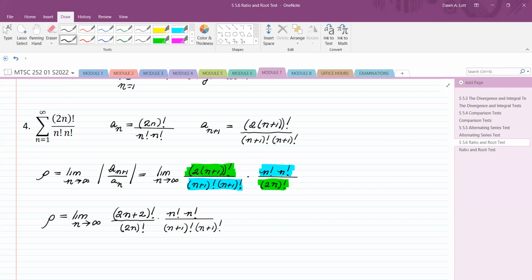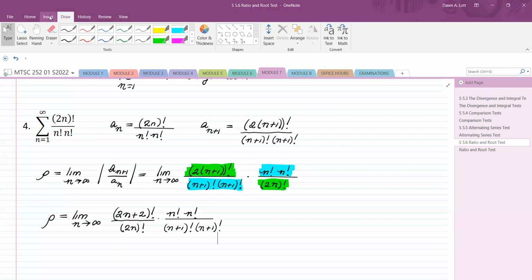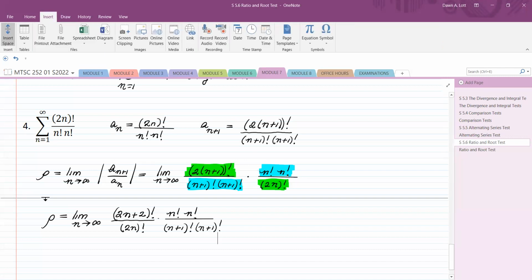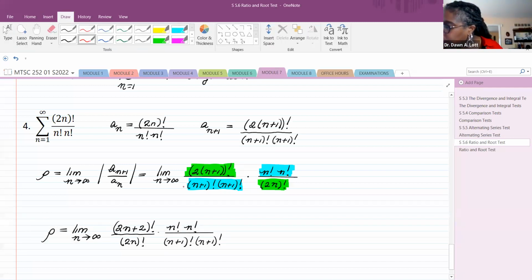Victor? I was wondering what was the purpose of the two n factorials on the right side, when you're multiplying? Okay, that's a good question. This first piece right here is a_(n+1), and this is 1 over a_n.